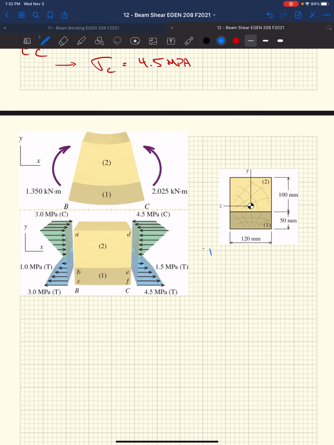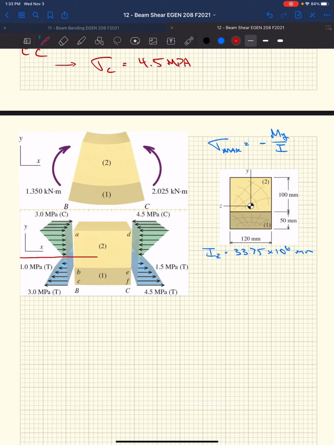All right, so if we remember from above, we have 33.75 times 10 to the 6th millimeters. We know that our normal stress is negative My over I. So we've got this cross section, and we essentially would develop the stresses as shown.